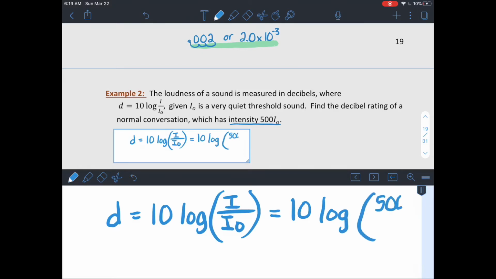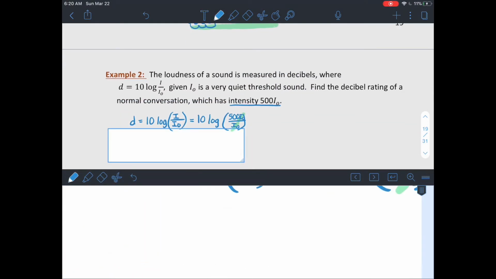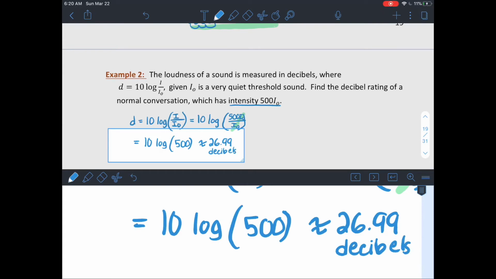So if we plug in our conversation's intensity over I sub 0, the I sub 0s are going to divide out in our equation, which means you just have 10 times log of 500, which I forgot to multiply by 10, hang on. 10 times log of 500, which that's log base 10. You can type 10 times log of 500 in a calculator, and you get approximately 26.99 decibels.